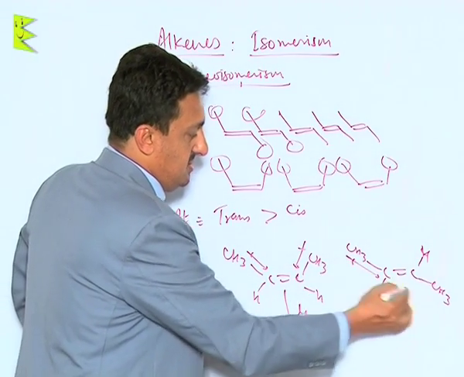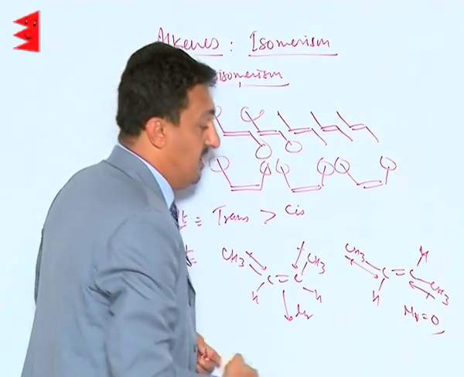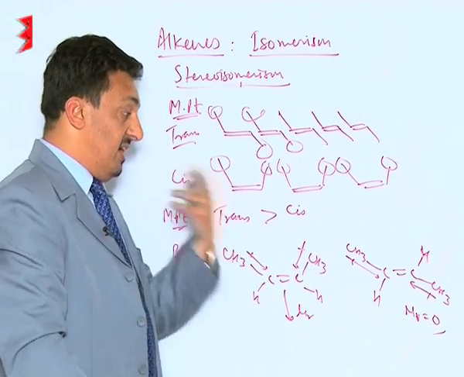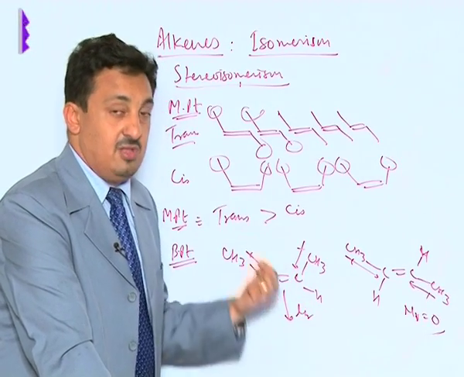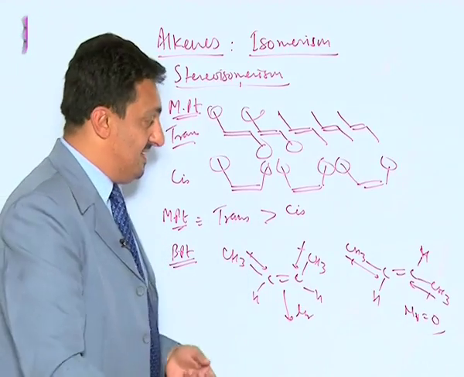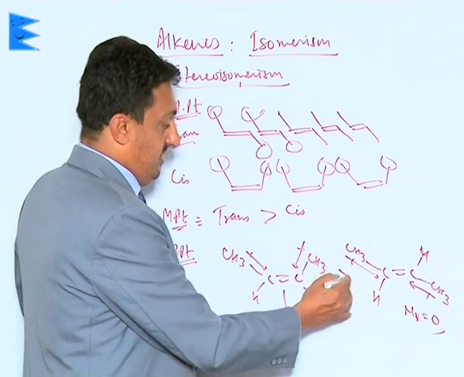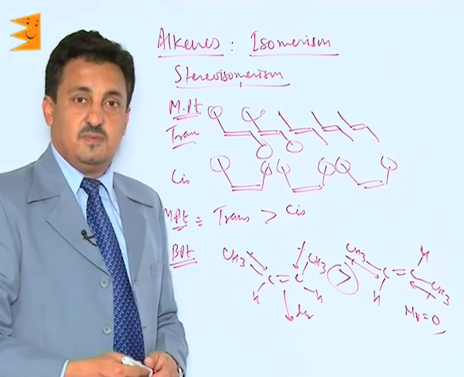Whereas in the trans case it is on this side and on this side, so the net dipole moment is 0. As a result, trans isomers have the least dipole moment or zero dipole moment, so the intermolecular forces of attraction in the trans will be less. As a result, the boiling point of the cis will be more than the trans ones. That is how they differ from each other.